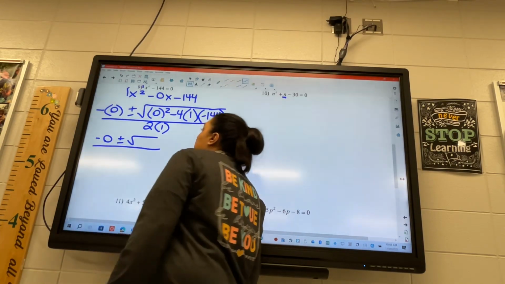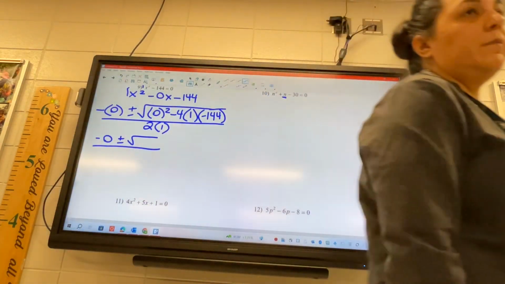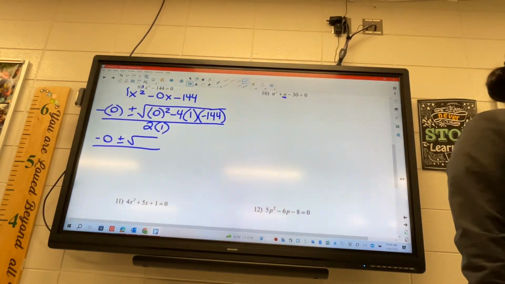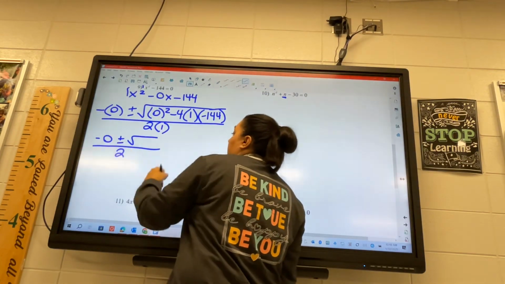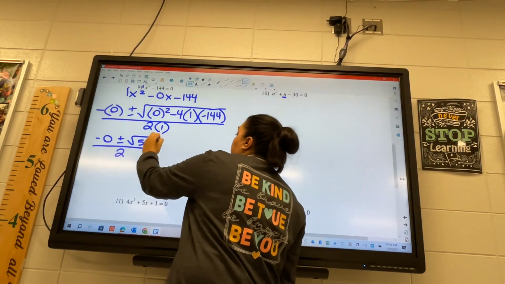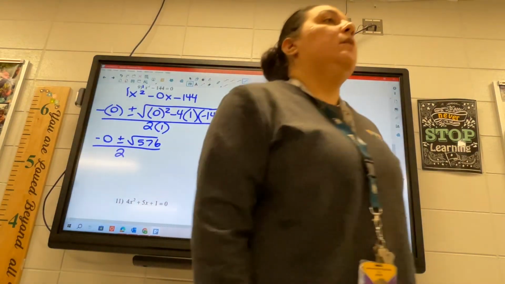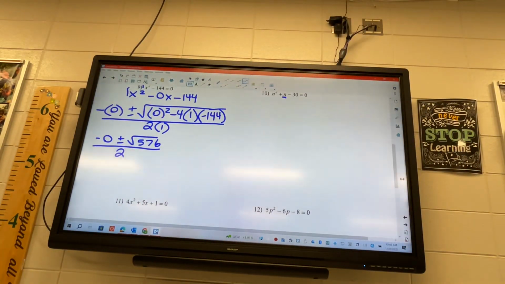Square root, okay? What are we going to get on the bottom? 2. You're saying 576 underneath, I'm presuming? Okay, square root it.